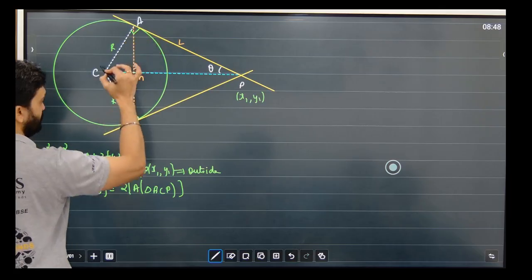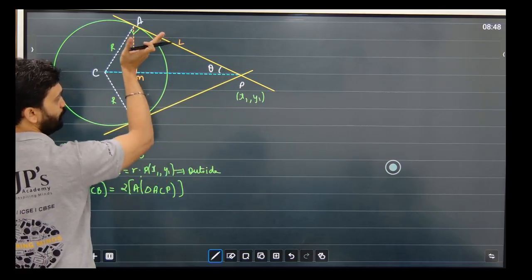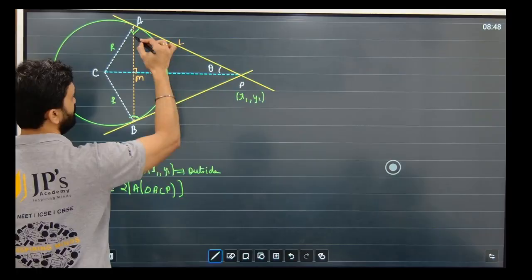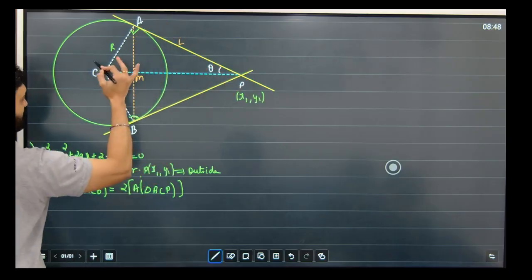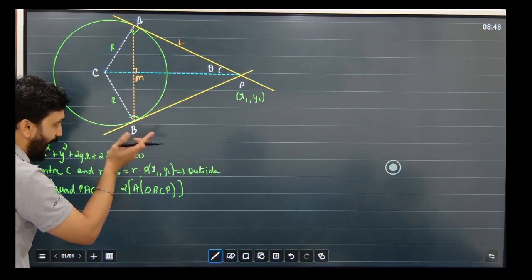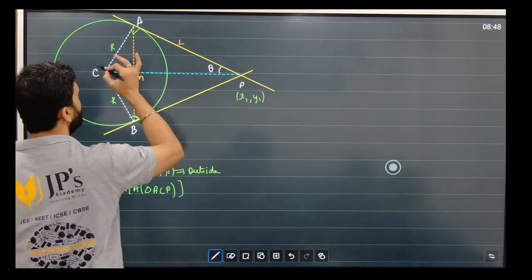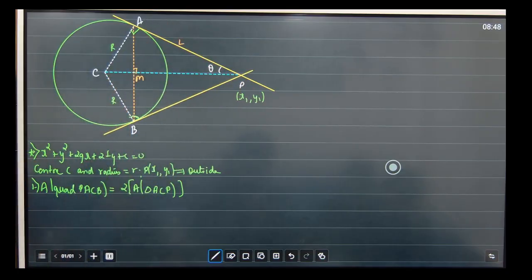So this entire quadrilateral is divided in two parts, this is theta, obviously this will be theta. Here 90 degree, here 90 degree. The area of quadrilateral PACB is twice the area of triangle PAC or ACP.